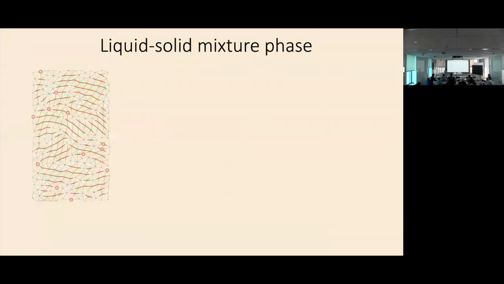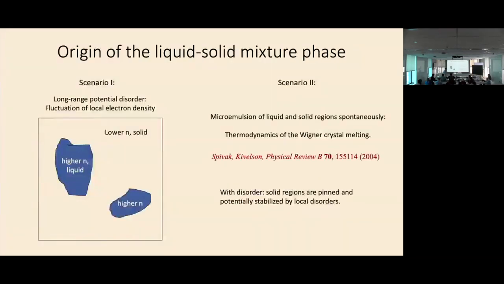The argument is like this: if you have a long-range potential fluctuation coming from the disorder, that will basically be a fixed pattern. So that will be present both for low electron density and high electron density.